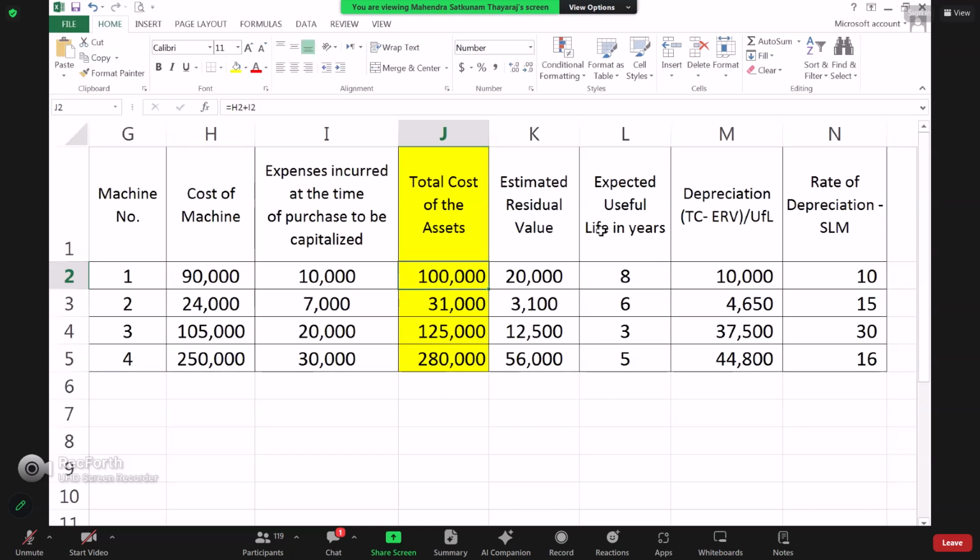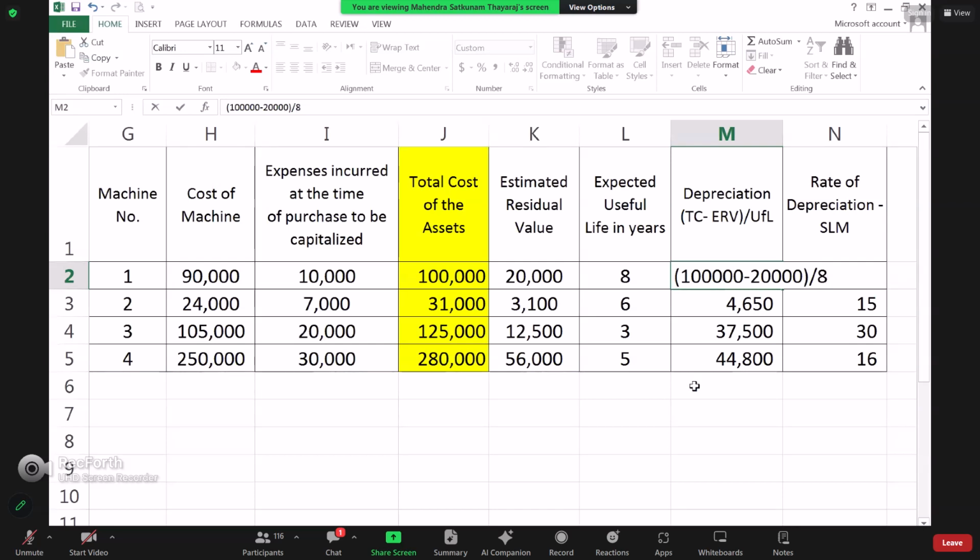So the total cost minus estimated residual value: 100,000 minus 20,000, divided by 8.